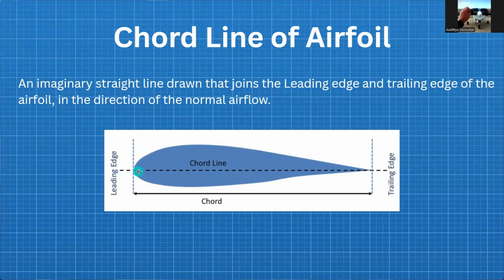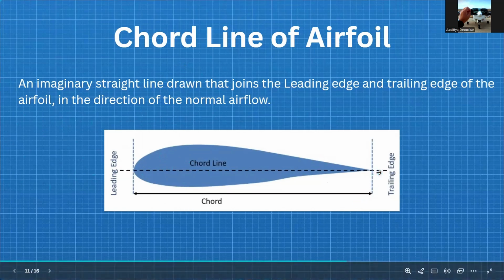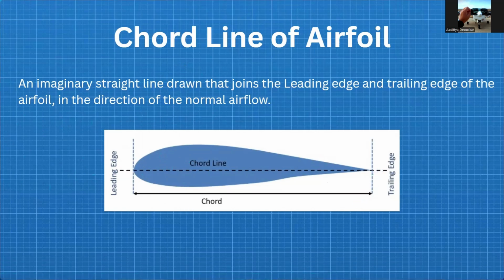The leading edge is the point that faces the airflow, like here, and the airflow would be like this. So this would be the leading edge, and the trailing edge is the end of the airfoil. You can understand it by the words themselves. Leading means the part that will lead the airfoil, and trailing means the part at the trailing point. So the chord line joins these.